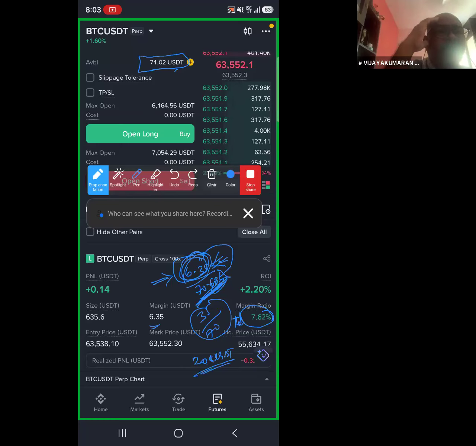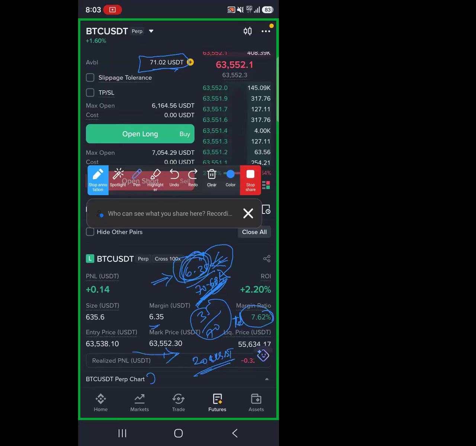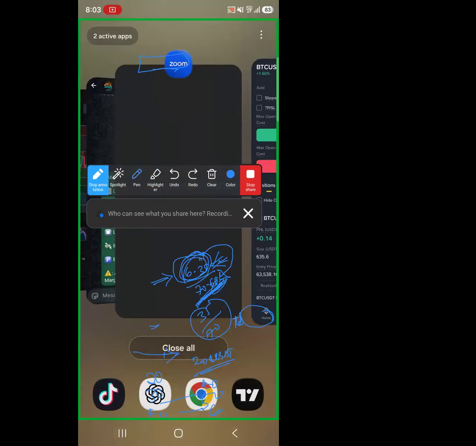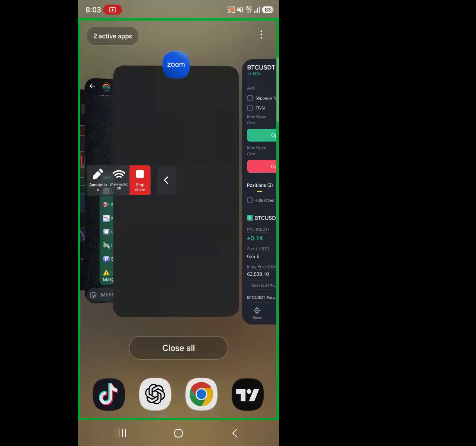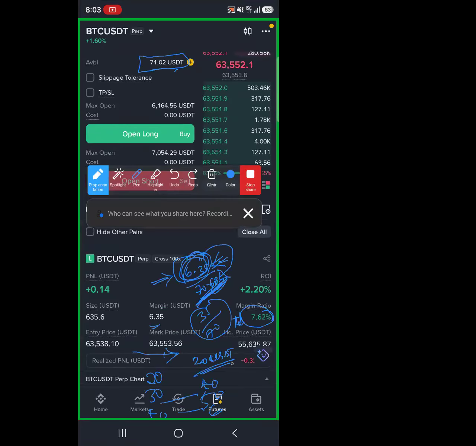That means you can top up maybe another 20 to take it to 40, or top up $30 to take it to 50, or top 40 to take it to 60, or 100 to take it to something significant, right? Your interest is to only make sure that you have enough maintenance margin. That's all.